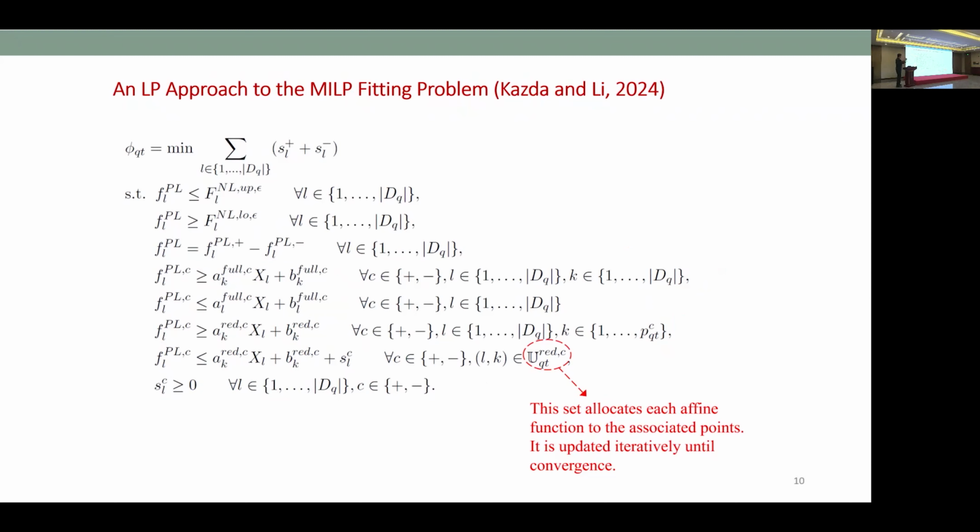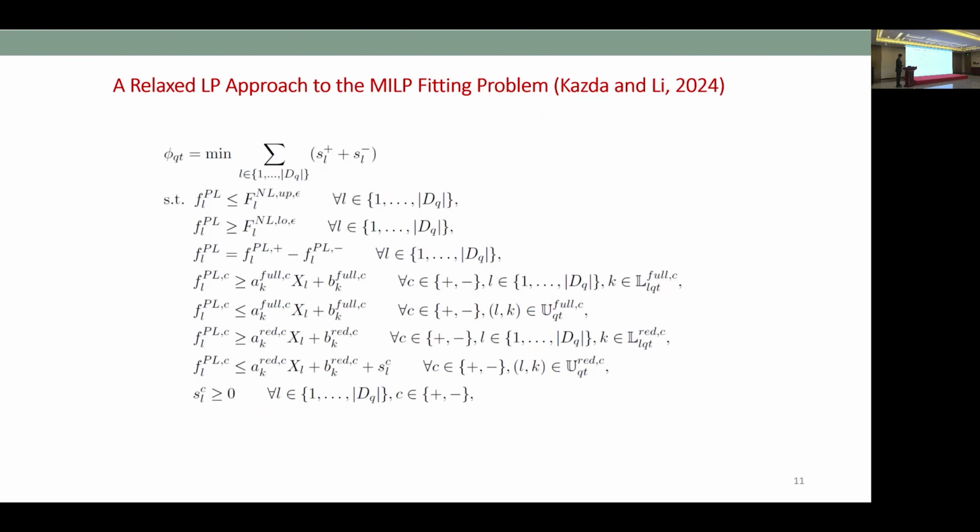So in order to make this approach applicable for difficult problems, we're trying to reduce the problem size by removing some of the constraints, because some of the constraints here are never active at the solution. So that motivates the next idea, which we call the relaxed LP method.